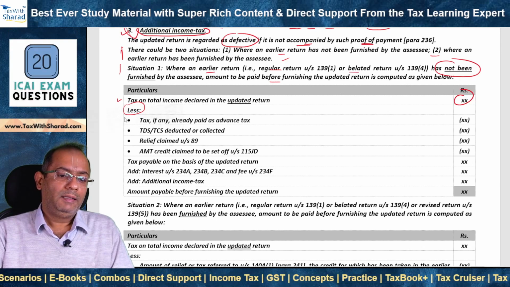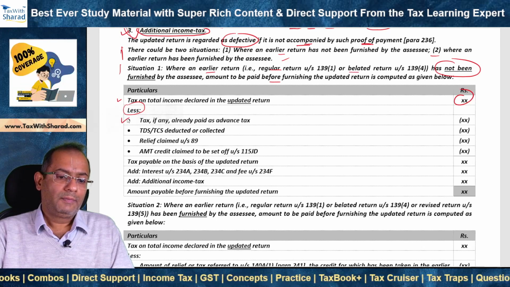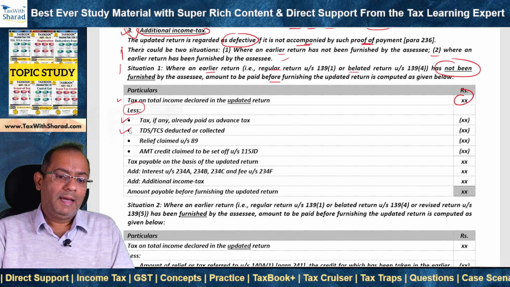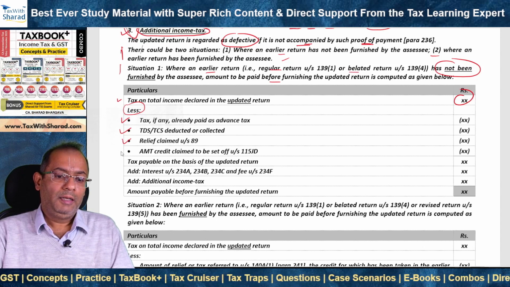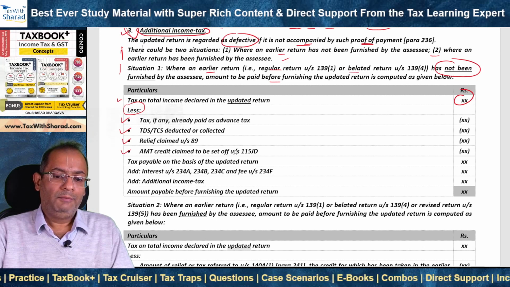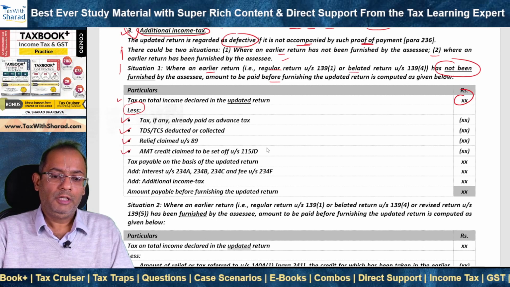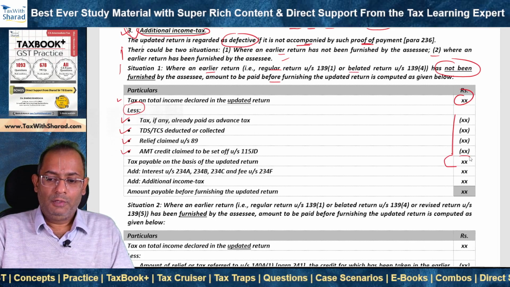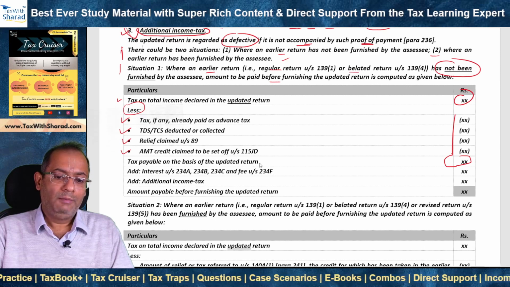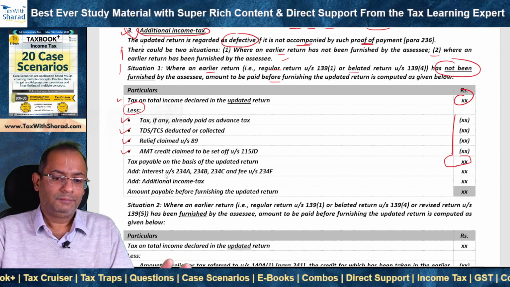Basically, these are prepaid taxes like advance tax, TDS and TCS, and then the relief claimed under section 89 and AMT credit claimed to be set off under section 115JD. So this will give a balance, and the balance will be tax payable on the basis of the updated return.